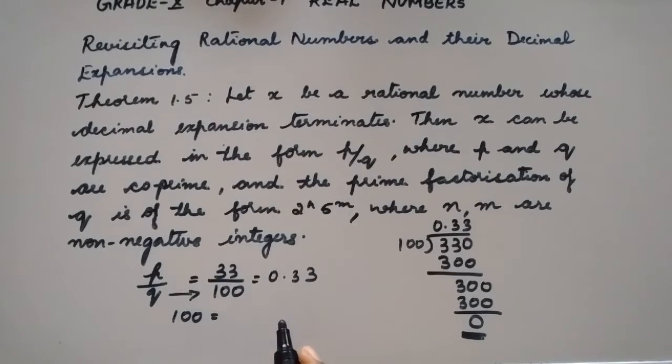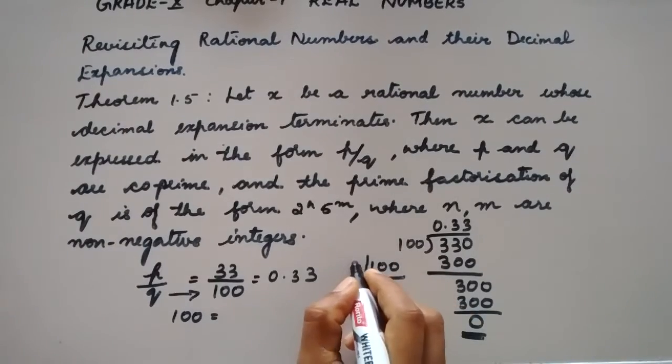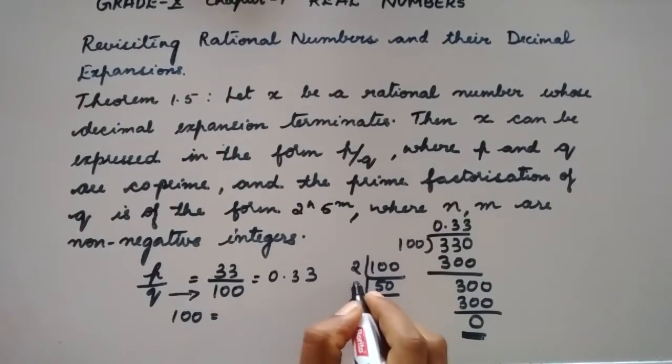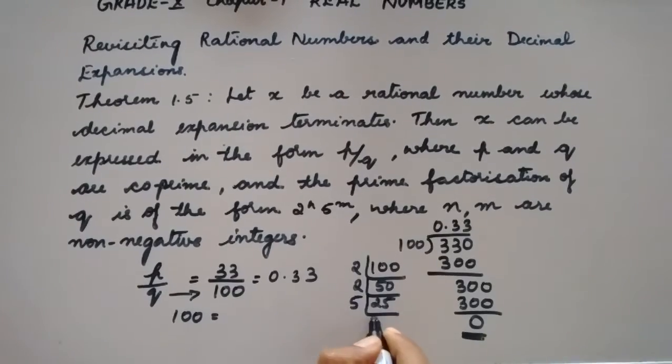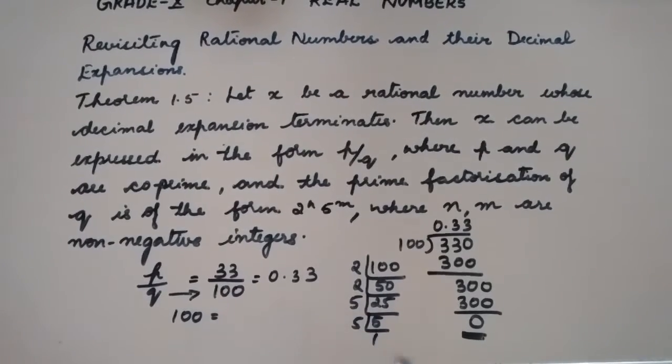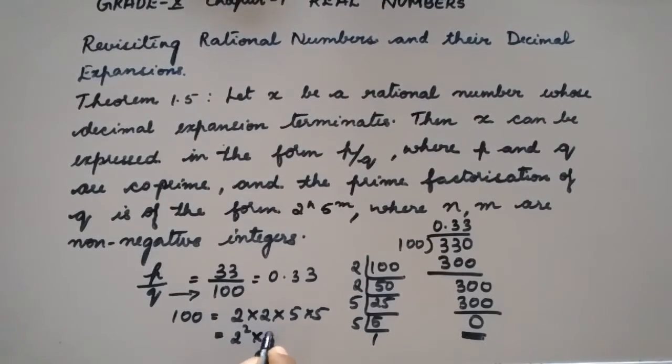Let us find the prime factors of 100. 2 50s are 100, 2 25s are 50, 5 5s are 25, 5 1s are 5. So the prime factors of 100 are 2 into 2 into 5 into 5, which is equal to 2 square into 5 square.